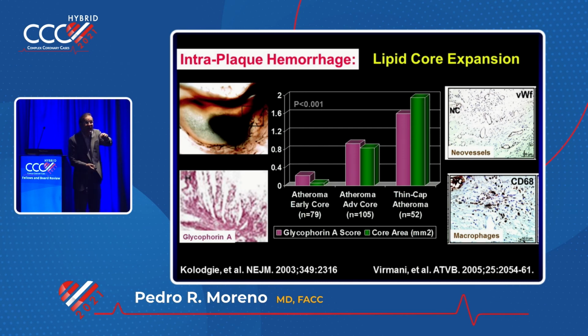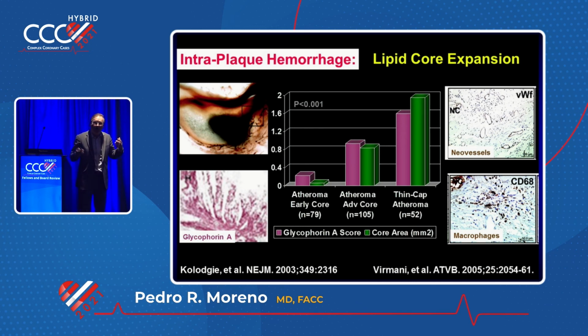But if you do histology and mark the necrotic core with glycophorin A, which identifies the membrane of the red blood cell, you will see that the amount of red blood cells by computerized planimetry is very, very similar to the actual amount of the necrotic core.